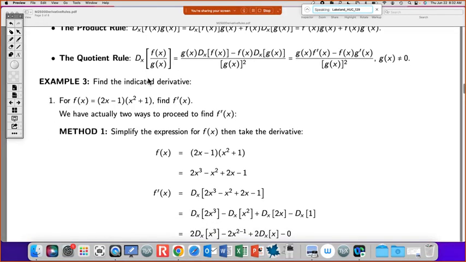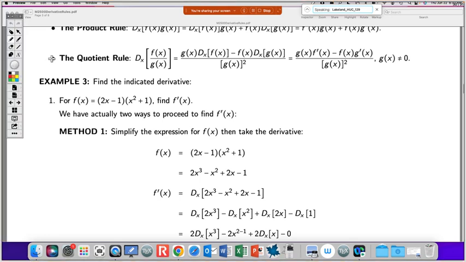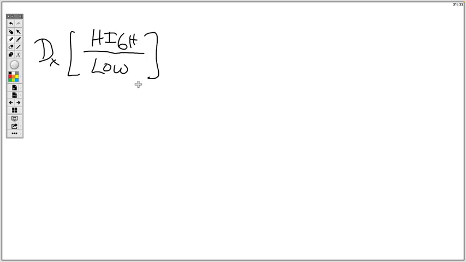And now I've got the quotient rule, which looks like you would never, ever remember this. This is crazy. You've got derivatives flying all over the place. It turns out, and if you've had calculus you may know this, there's a rhyme you can use to remember it. We call the numerator the high function, because it's up high, and the denominator the low function, because it's down low.